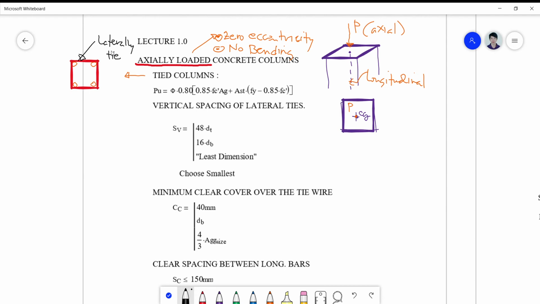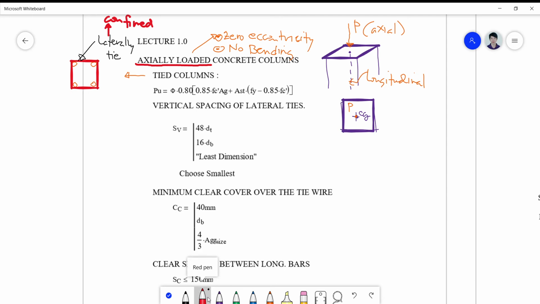In fact, the word lateral means that the column is confined to some degree to avoid what?